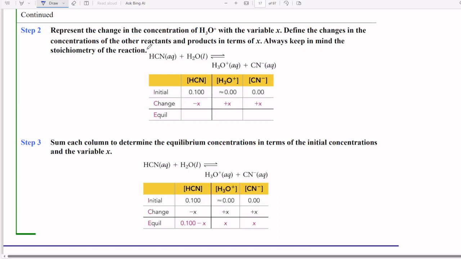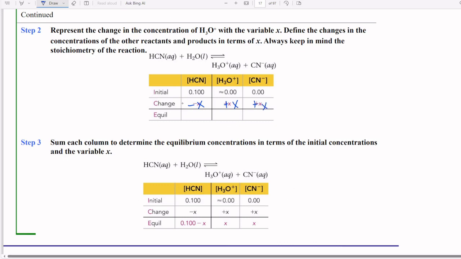Step 2 is to represent the change in concentration of hydronium with the variable X. And so we want to define the changes in concentration of the other reactants and products, if applicable, in terms of X. In this case we're losing X of our HCN, gaining X of the hydronium, and gaining X of the cyanide. Why is that?